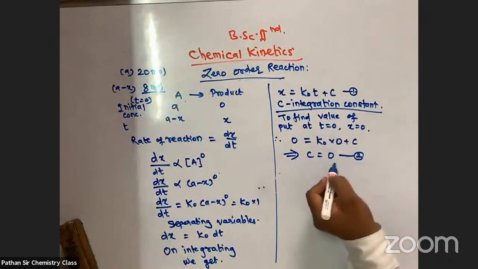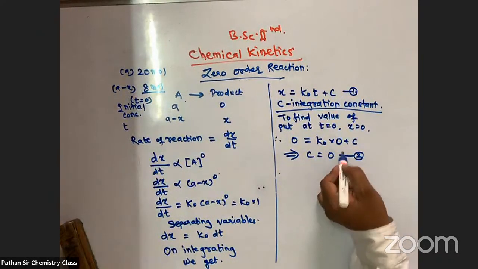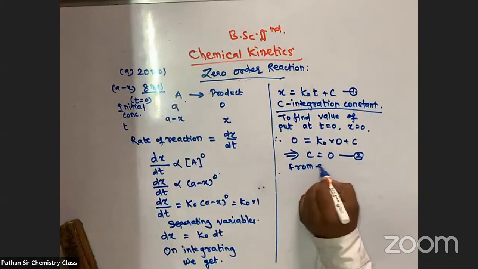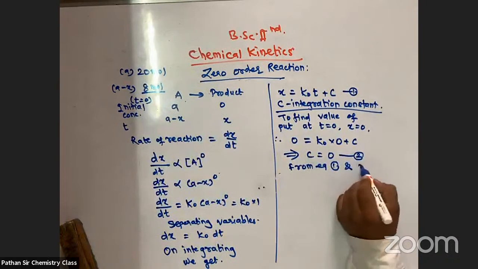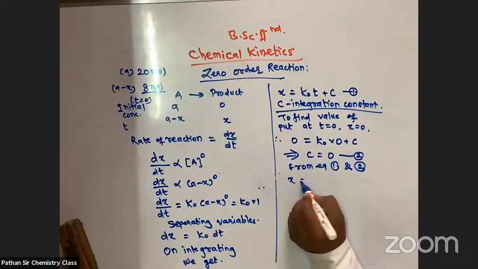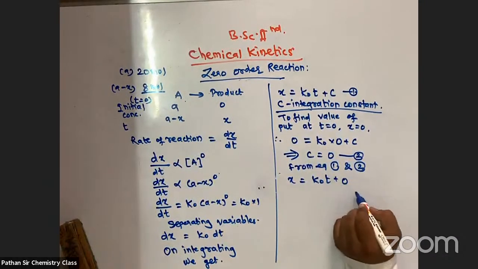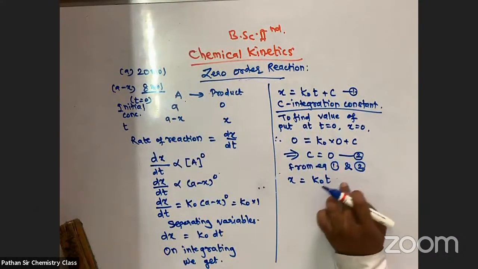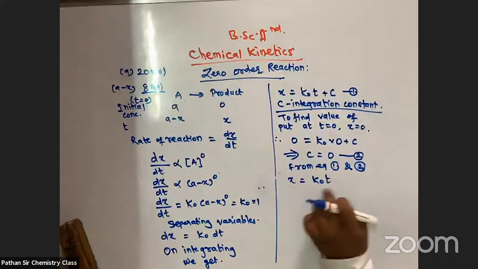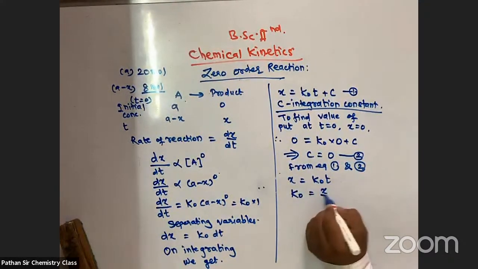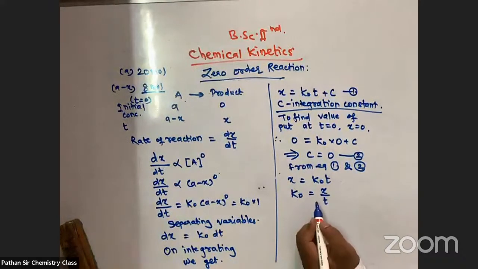Put this value of c from equation number 2 into equation number 1. Therefore, from equation number 1 and 2, we get x is equal to k0 t plus c, which means plus 0. Okay, so forget this 0. It is x is equal to k0 t, or k0 is equal to x by t. So this is the last expression, equation number 3.